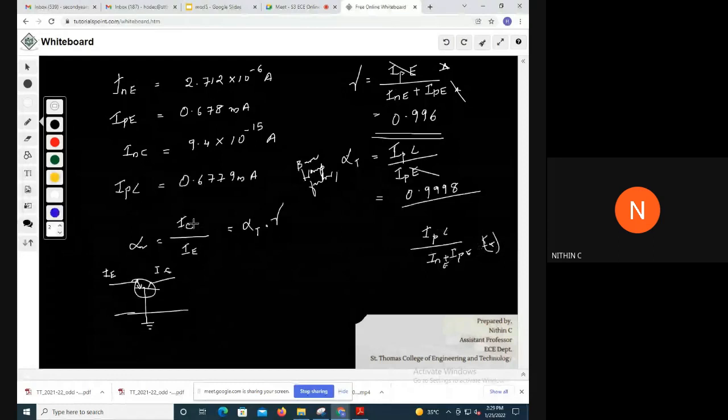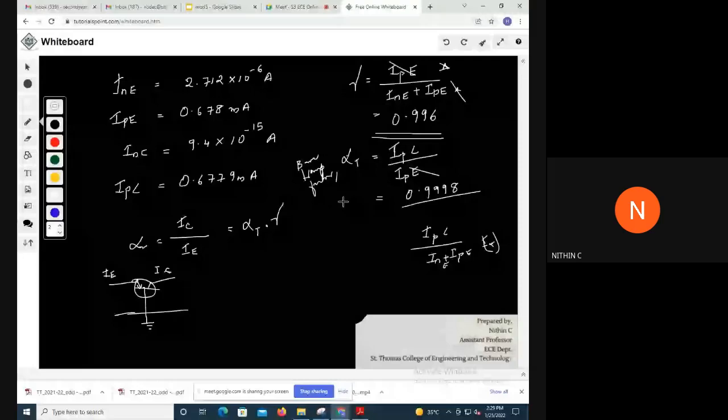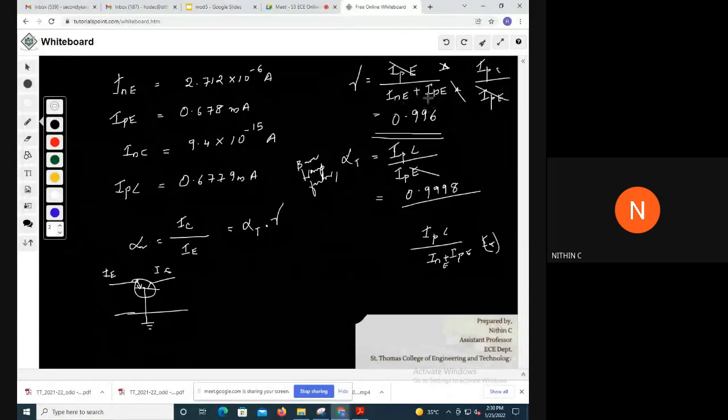Is what I said clear? See, when we multiply these two terms, you will get IC by IE itself. How? If you are multiplying this term, that is IPE by INE plus IPE, into this term, IPC by IPE, these two terms will cancel. And remaining terms will be IPC divided by INE plus IPE. This can be taken as IE itself.